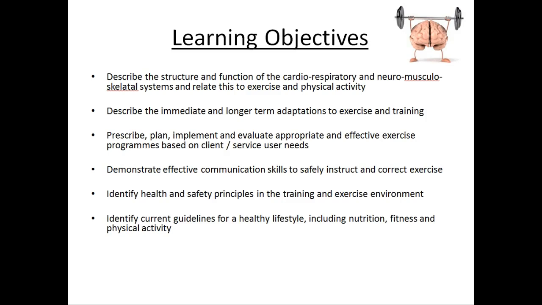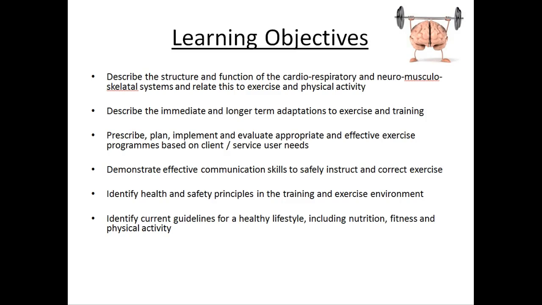So the learning objectives. We want you to be able to describe the structure and function of the cardiorespiratory and the neuromusculoskeletal systems and relate this to exercise and physical activity. We want you to describe the immediate, the acute and the long-term, the chronic adaptations of exercise and physical training. And we want you to prescribe, plan, implement and evaluate appropriate, effective exercise programs based on your client and their individual needs.